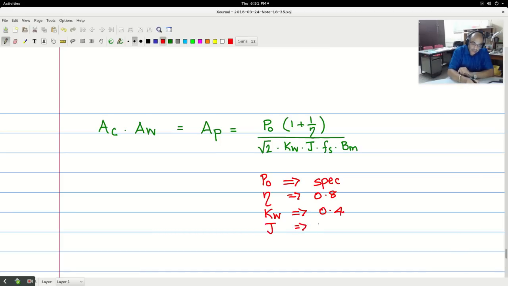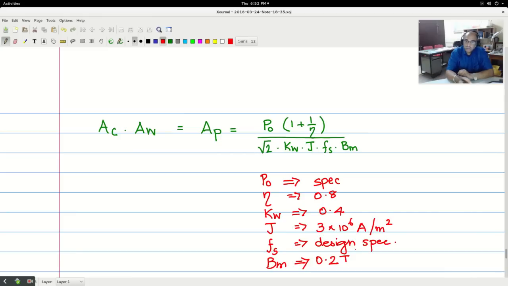J, you start with 3 amp per mm square, or 3 into 10 to the power of 6 amp per meter square. Fs is the switching frequency, and this is a design spec again. And Bm, for ferrite, you can design your transformer core at 0.2 Tesla.